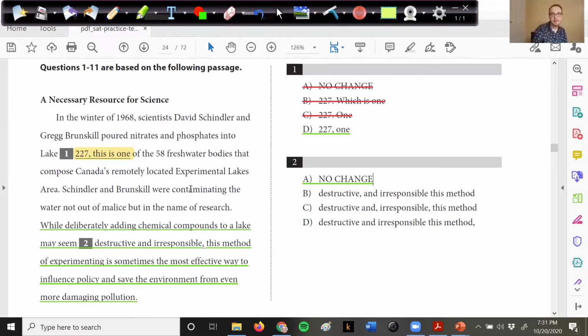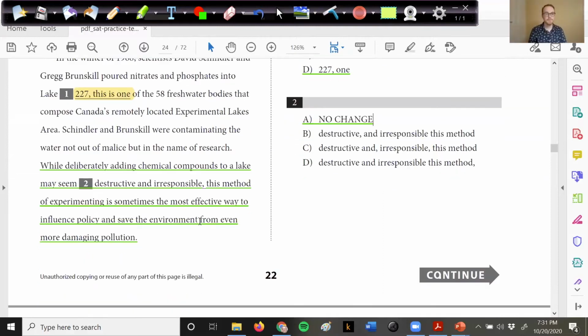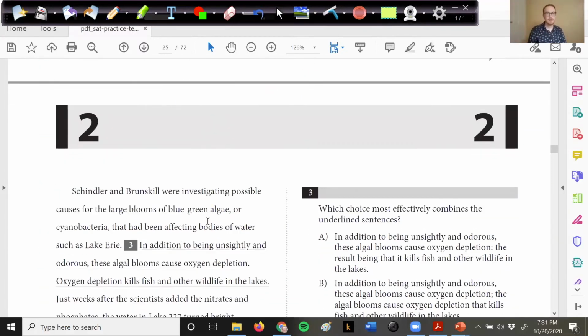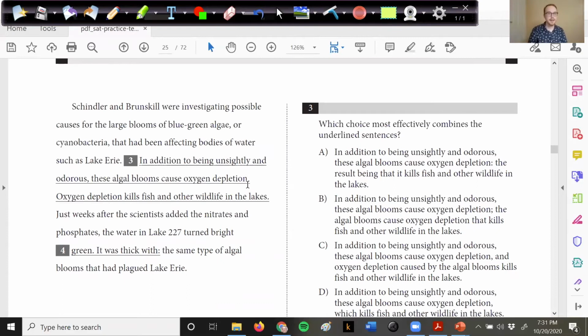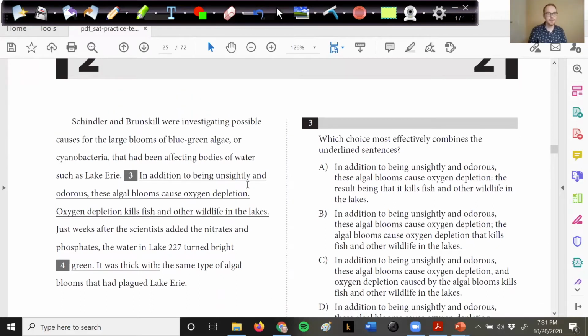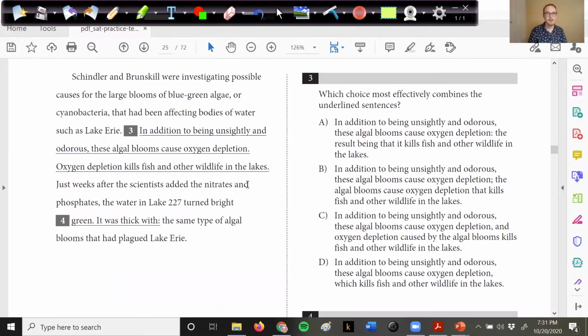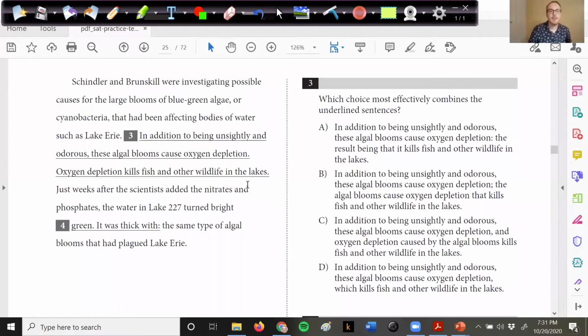So now we can continue just moving through. See what they were polluting that lake. Towards what ends were they doing that? Okay, Schindler and Brunskill were investigating possible causes for the large blooms of blue-green algae, or cyanobacteria.